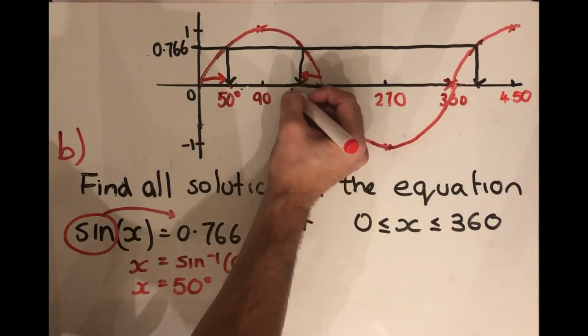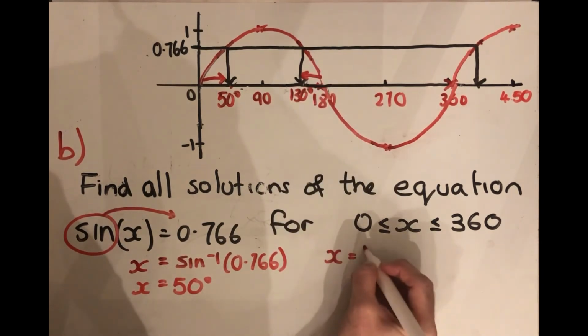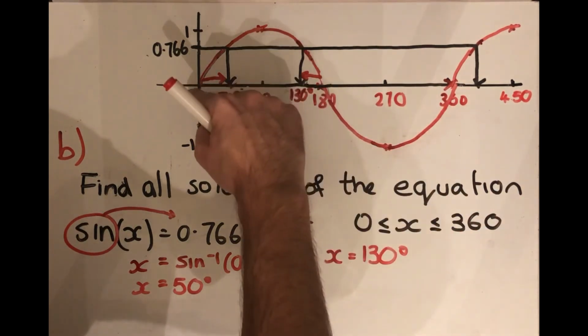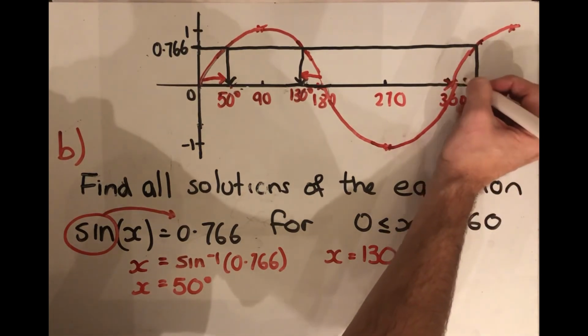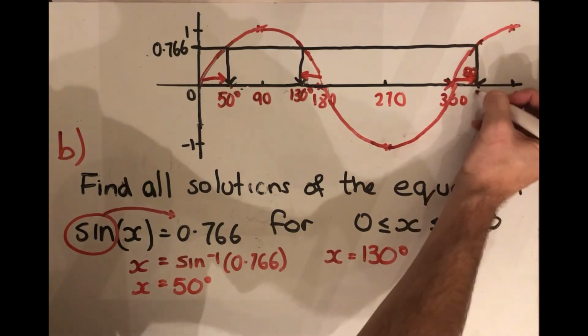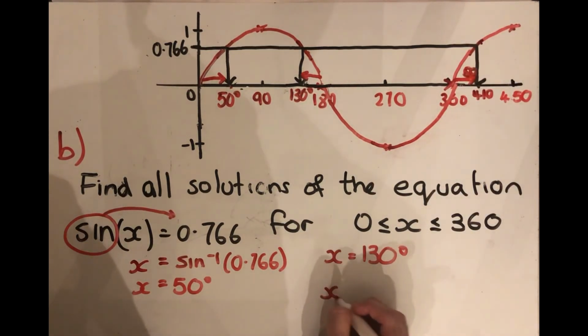So this one here is 130 degrees. So here's a second answer: x equals 130 degrees. Or, just like my graph starts there, over here it starts at the same place. So this must be 50 over from here, which is 410. Sorry, you can't see that, that's a bit messy. So x equals 410.